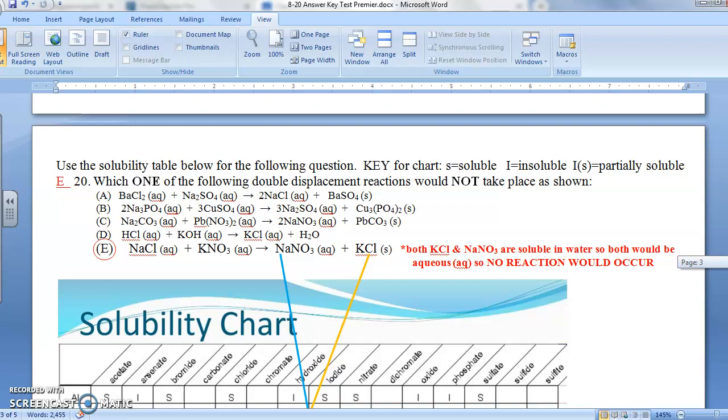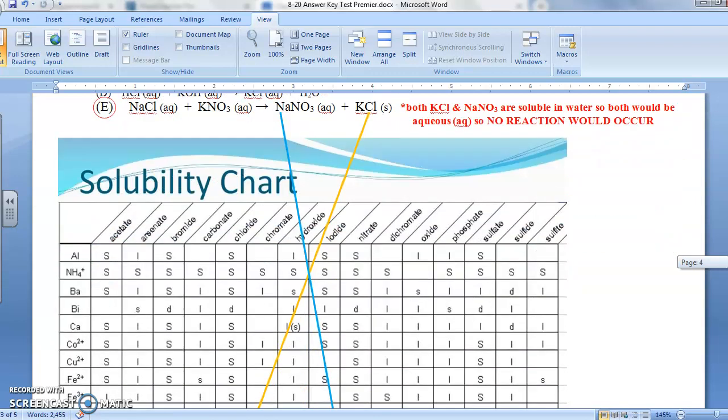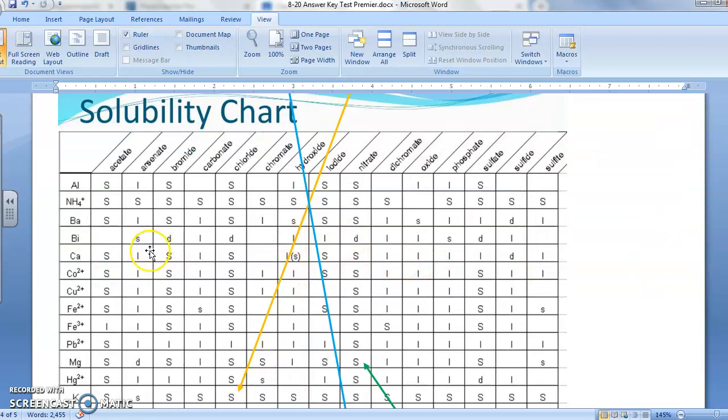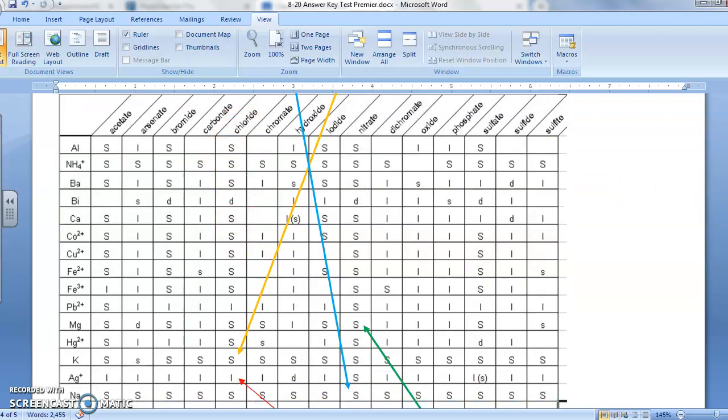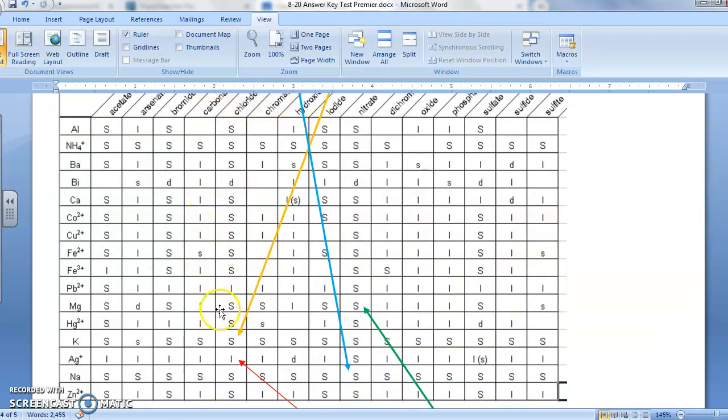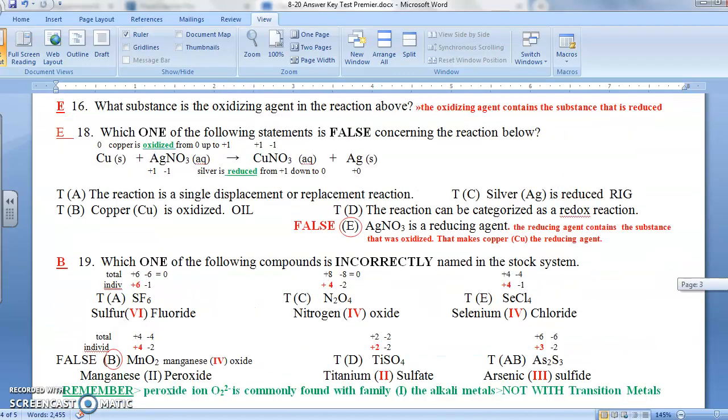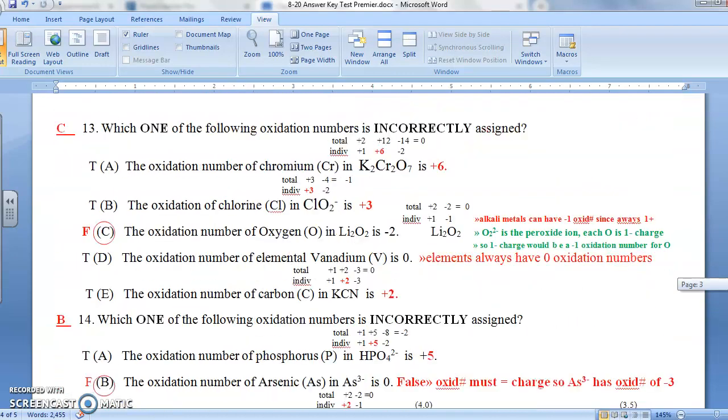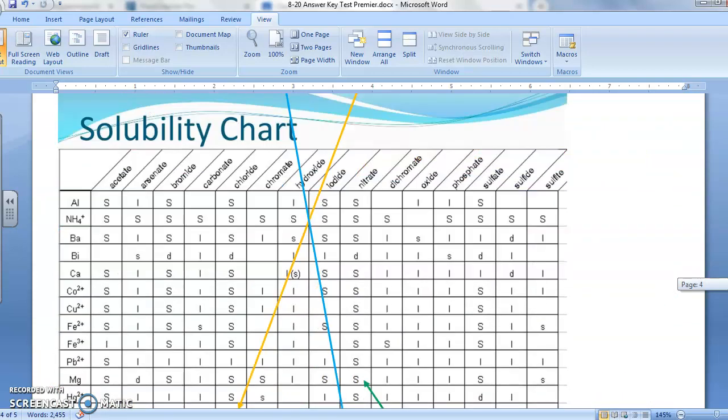In other words, would they form a solid precipitate? Let's find sodium. Again, here's the chlorides. We go down to sodium. And if you remember some of those rules that we learned, we come down to chlorine, down to sodium. That is, in fact, soluble. That is going to be soluble. So that would stay in aqueous solution.